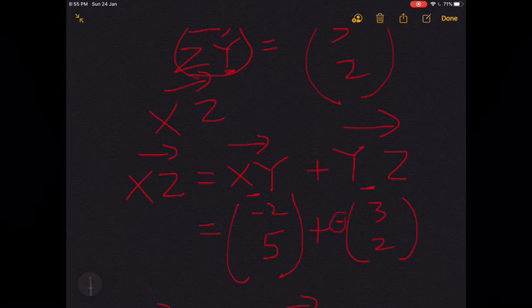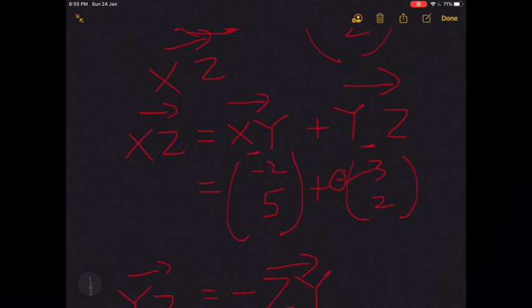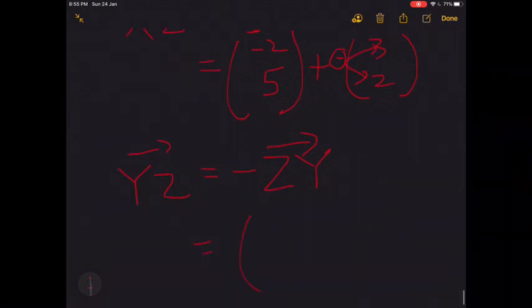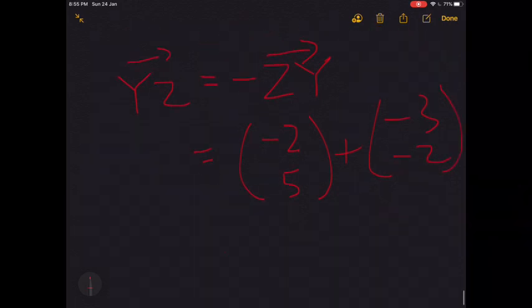This negative will act as a scalar, which is minus 1. So I have to multiply each component by minus 1. And then finally, I'll have something like minus 2, 5 plus minus 3, minus 2, which sums up to get minus 5, 3 as a component. Okay, I hope this helps as a supplementary material to what we are taught in class.